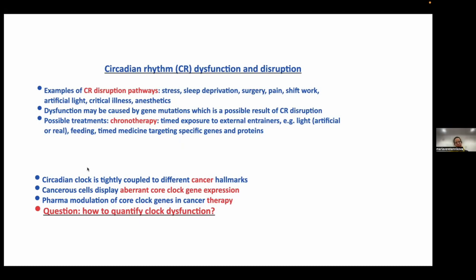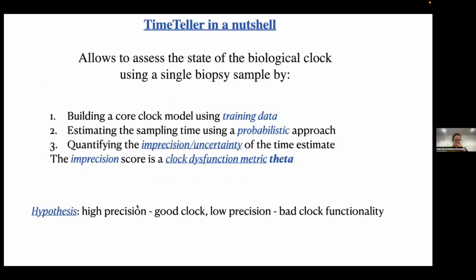Yes, the circadian clock is tightly coupled to different cancer hallmarks, and cancerous cells display particularly aberrant core clock gene expression. We would like to quantify clock disruption, and that's exactly what TimeTeller does.